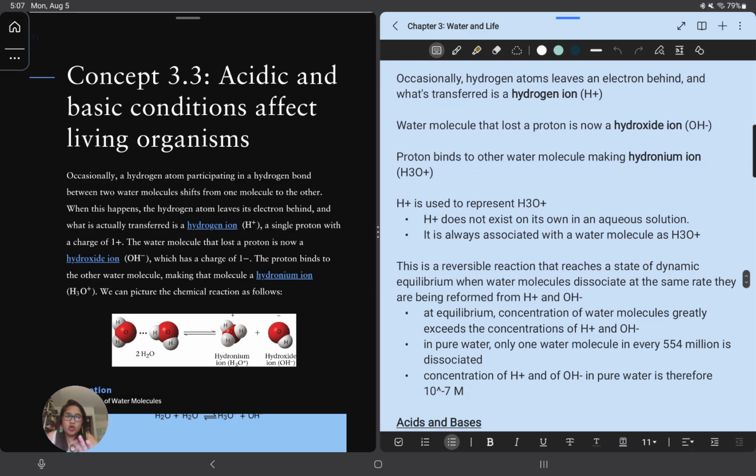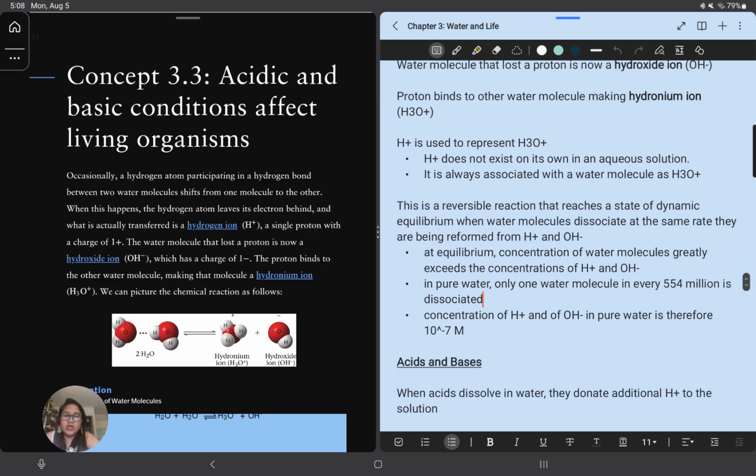So that's dissociation, when they separate into two different ions. So only one water molecule separates into hydrogen and hydroxide out of every 554 million, and that's in pure water. That's interesting to know. Okay, moving on.